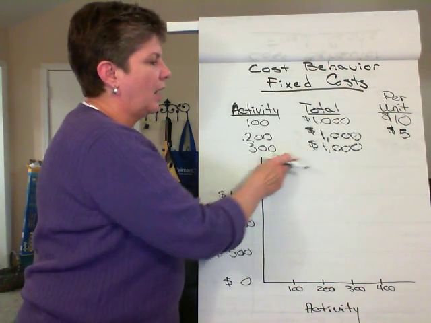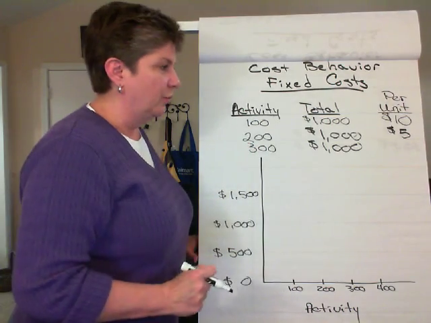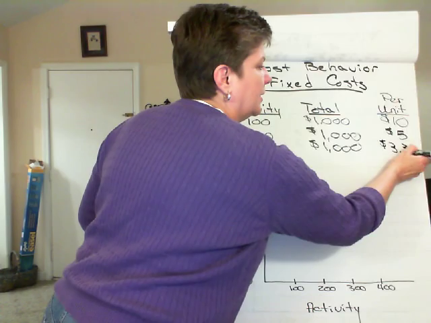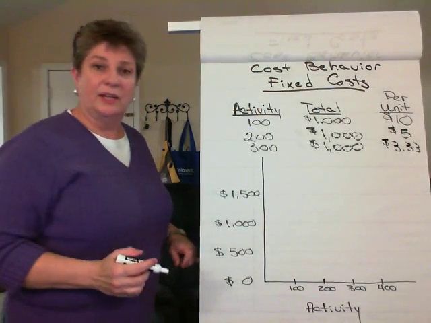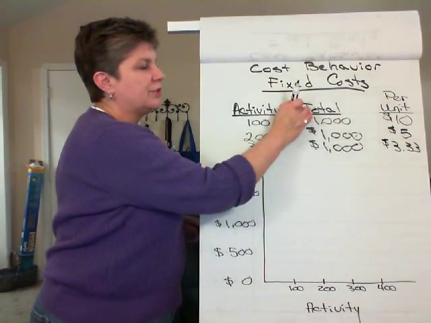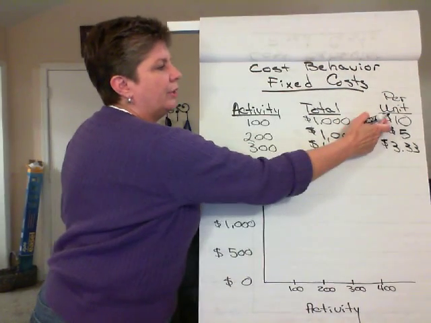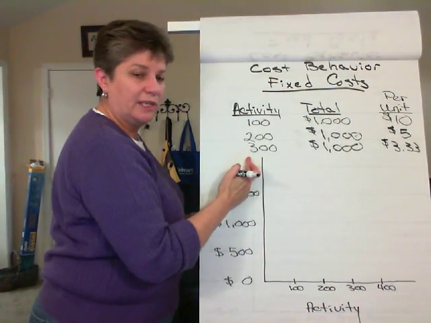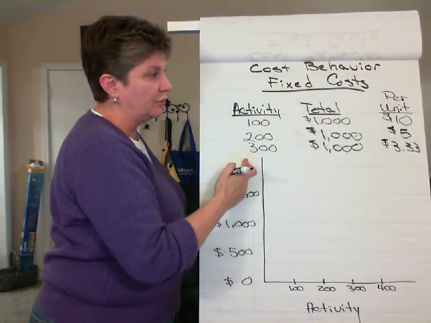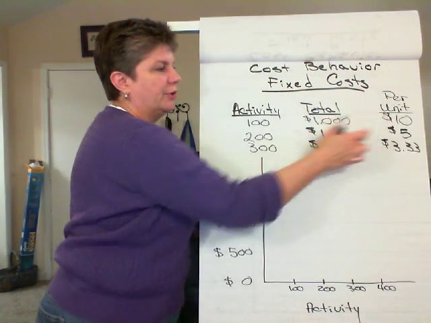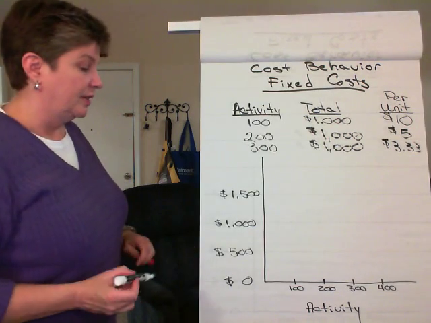So our per unit cost, 1,000 divided by 300, is going to be $3.33. So notice, the total stayed the same within the relevant range, but our per unit, because volume was increasing from 100 to 300, our per unit cost decreased from $10 per unit to $3.33.